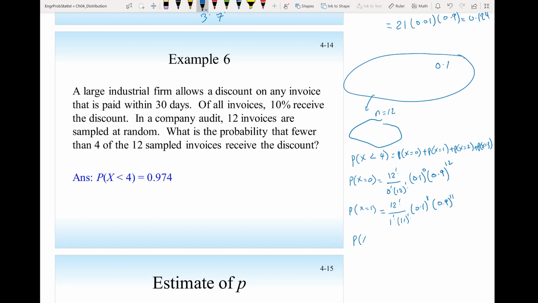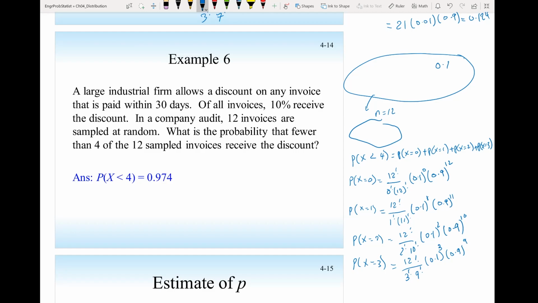And probability x equal 2 will be 12 factorial over 2 factorial, 10 factorial, 0.1. There are two of them. No discount, there are 10. And last, probability x equal 3 equals 12 factorial over 3 factorial times 9 factorial. There are 3 of them that receive discount, times 0.9 to the power 9.